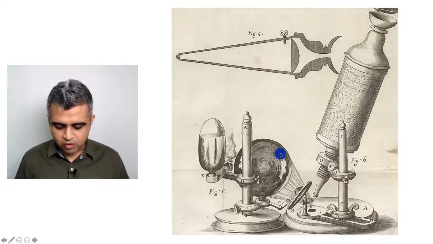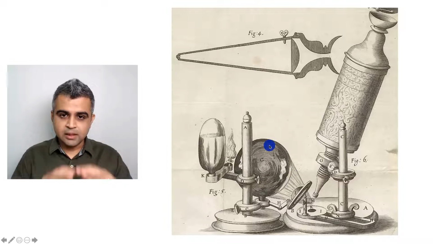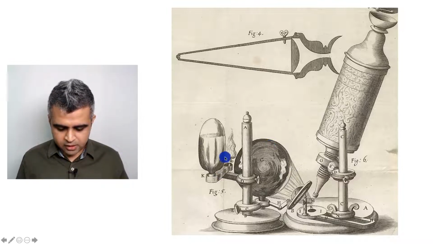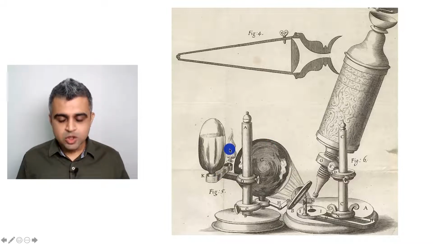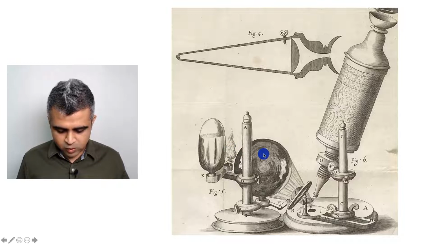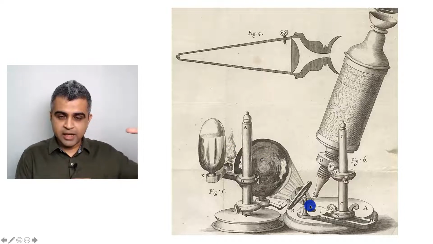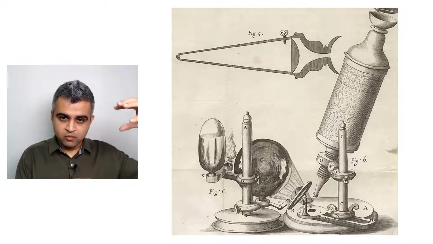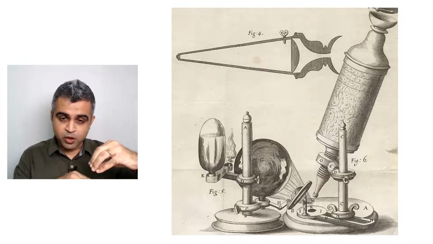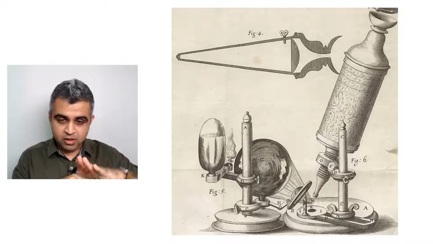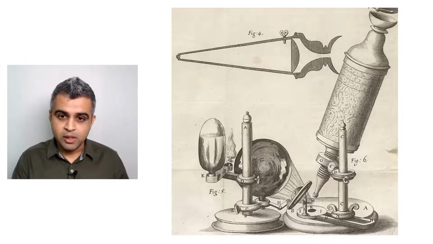The other thing is that here is a globe of glass, or basically a globe which is filled with water, and here is a candle. The light from the candle passes through the globe, which focuses the light at this point where he is putting his specimen. Then the light reflects into his microscope and he is able to see the specimen.